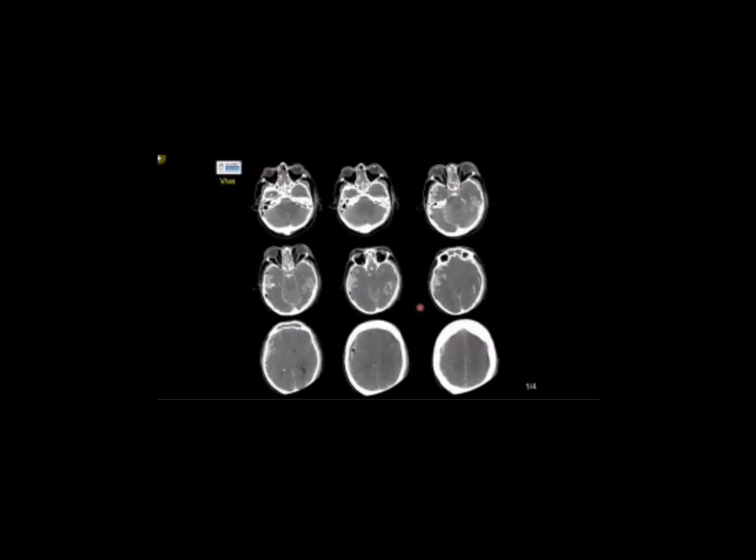And you can see along the right temporal lobe, or the middle cranial fossa, there are small pockets of air. In fact, they extend along the right convexity, representing pneumocephalus. And in the lower slices, you can see that there is a subarachnoid and a subdural collection.